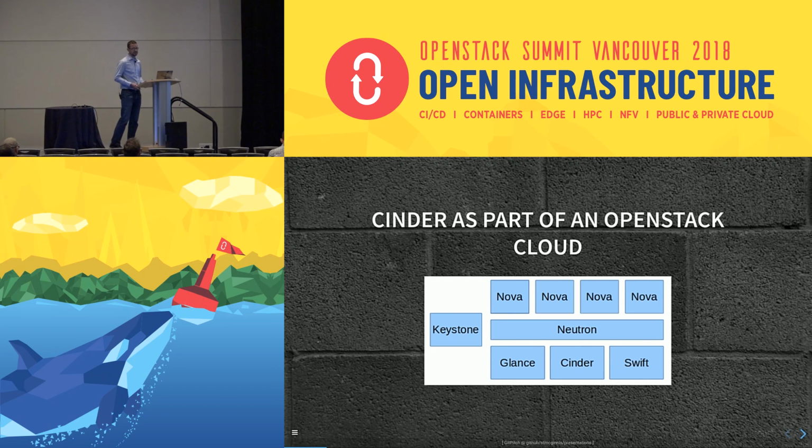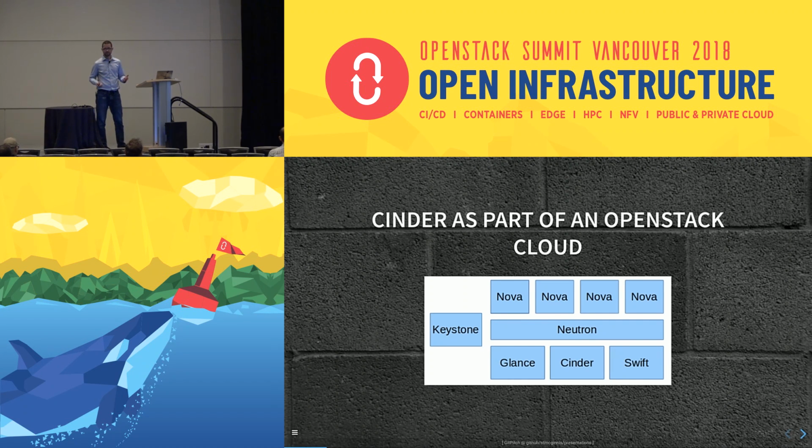So the typical use case, and what most people here are probably aware of Cinder as part of, is that block storage service within an OpenStack cloud. It works along with Nova, Keystone, Glance, and whatever other services you have in an OpenStack cloud to provide that block storage component.